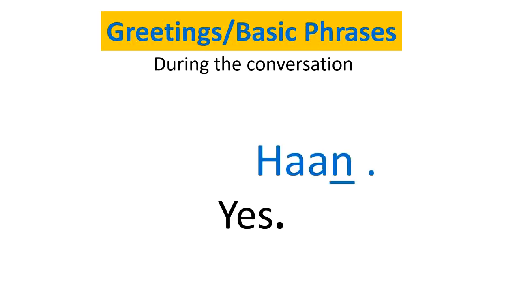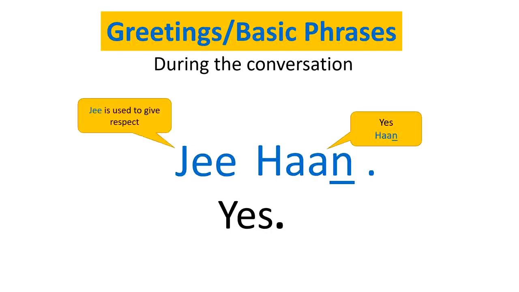We have just learned yes is हाँ. But in conversation, we don't say हाँ. We say जी हाँ. Ji is used to show some respect towards the person you are talking to. Speak with me. जी हाँ.